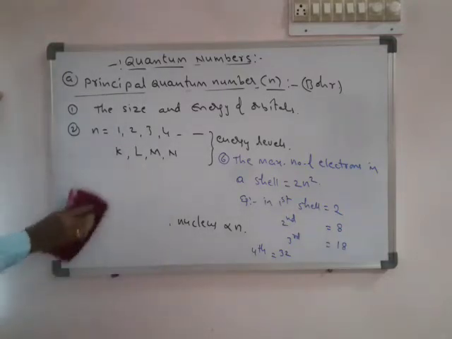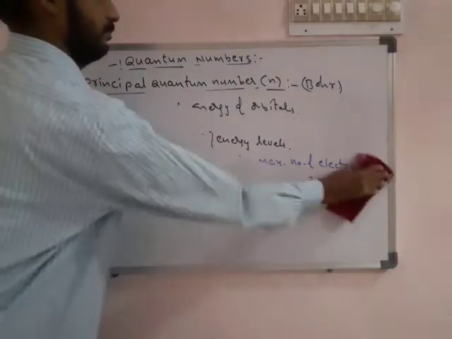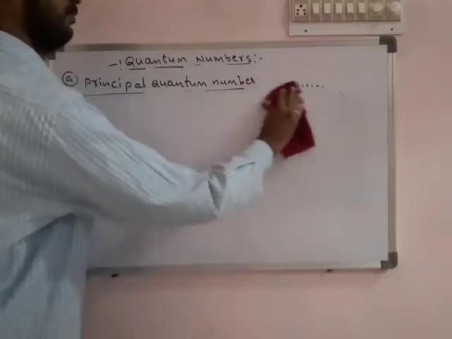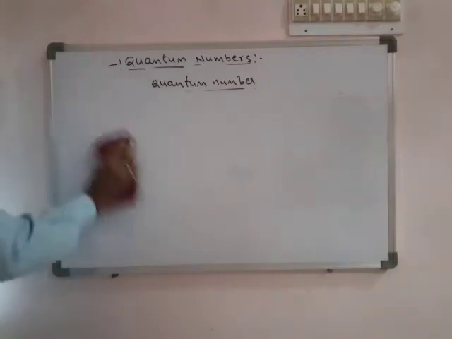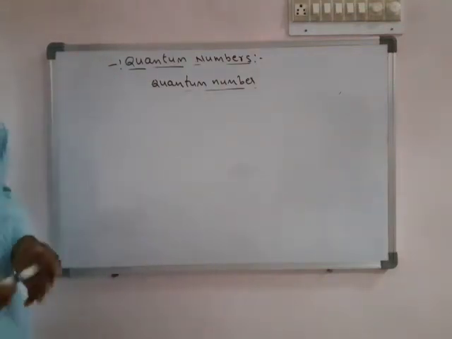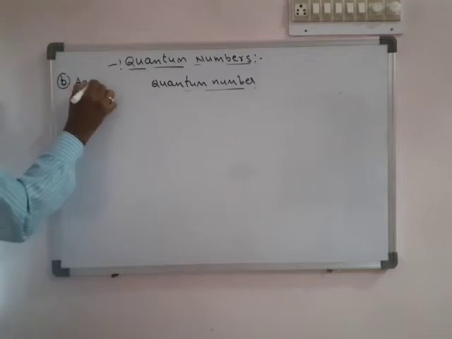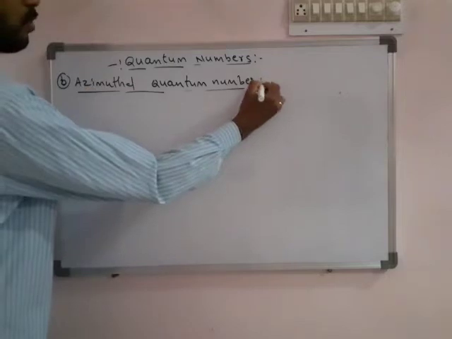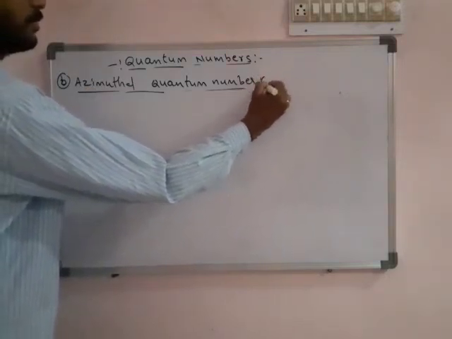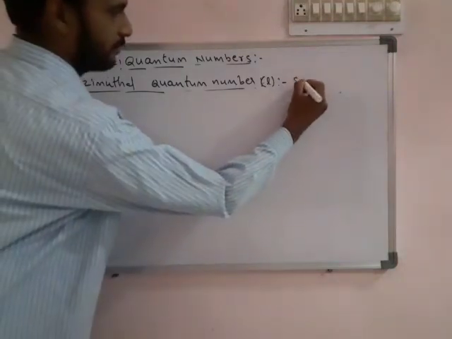Now we see the next one, the azimuthal quantum number, denoted with L. It was introduced by Sommerfeld.